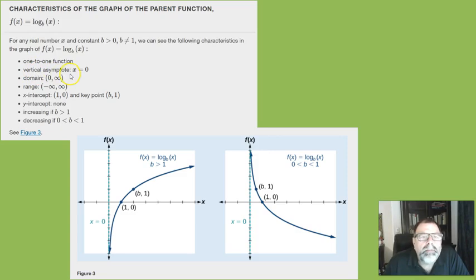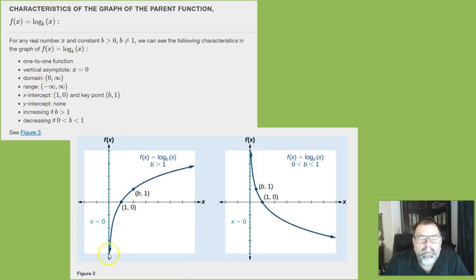The vertical asymptote is x equals 0, so that's this dotted green line on the y-axis for both. The domain, so again, if I smash all the points on the graph onto the x-axis, it's going to be from 0 to infinity for both of them.